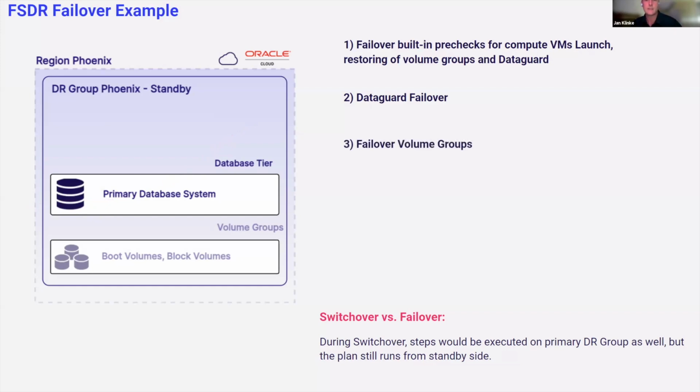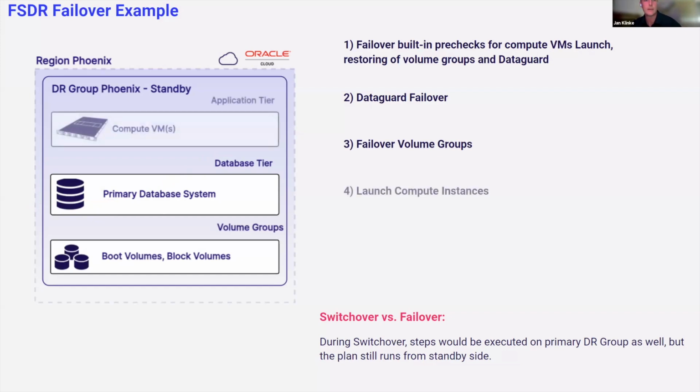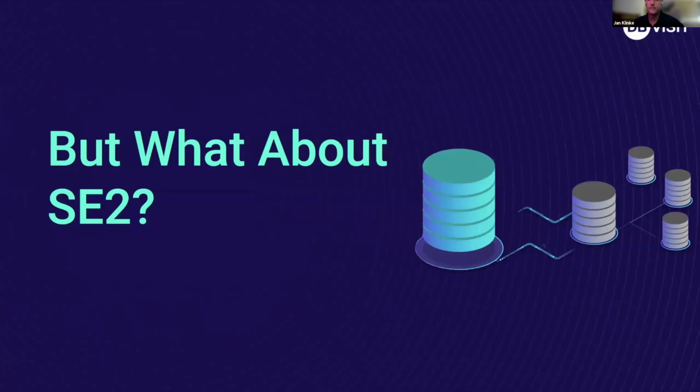The third step is that FSDR will fail over the volume groups to the standby region, and those volumes will then be used for booting up all your application tier, which is the final step, basically, to launch all compute instances. And once everything is done, you have your whole application stack ready for productive use on the standby region.